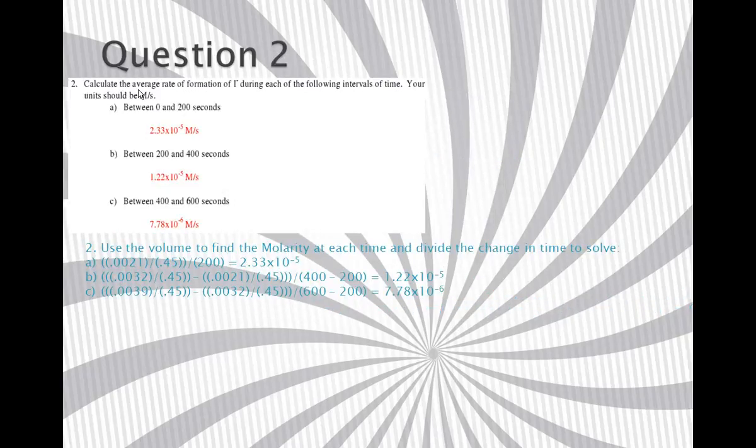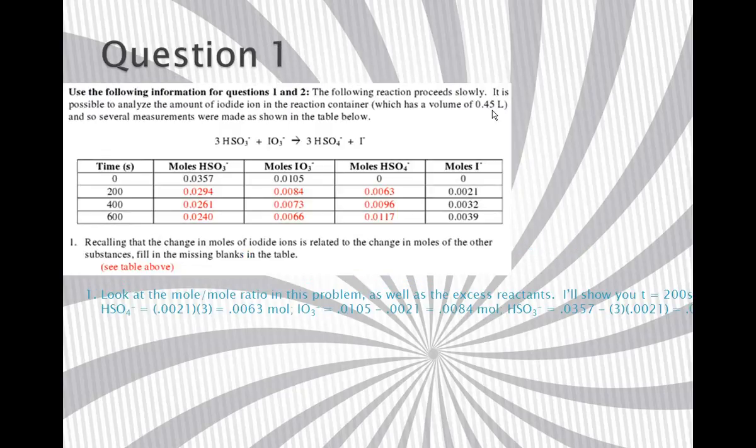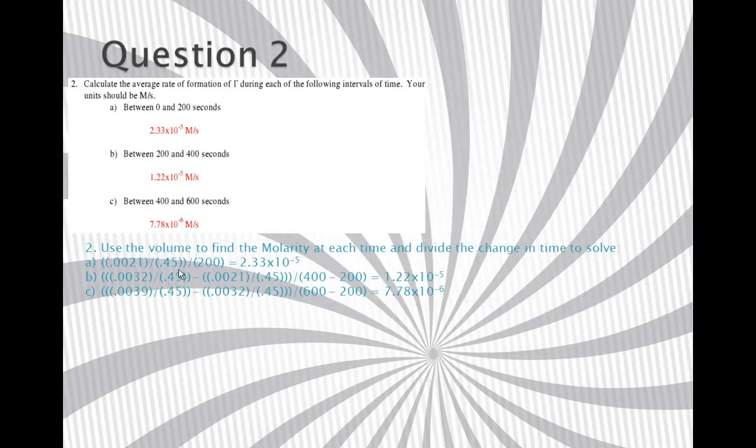So for this one, you have to calculate the average rate of formation of I minus during each of the following intervals. So between 0 and 20, I thought of this more as a slope problem, where you take y2 minus y1 over x2 minus x1. However, you need to convert it into molarity first, but you're given the volume here, which is 0.45 liters, and you're given the moles in the table.